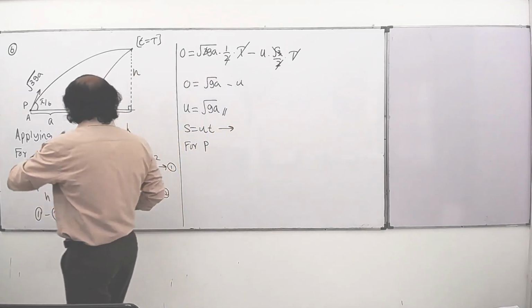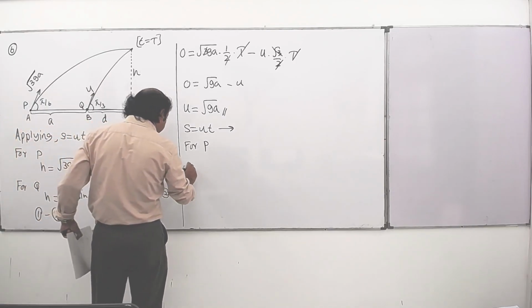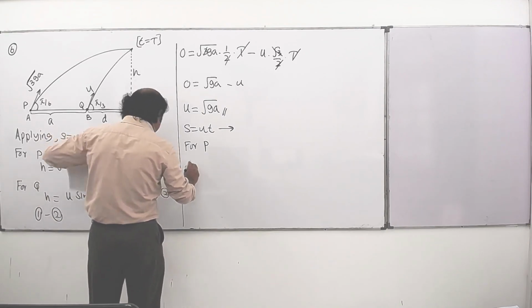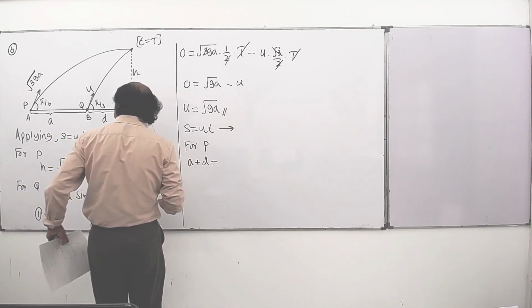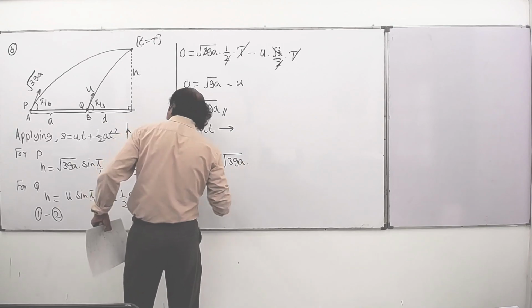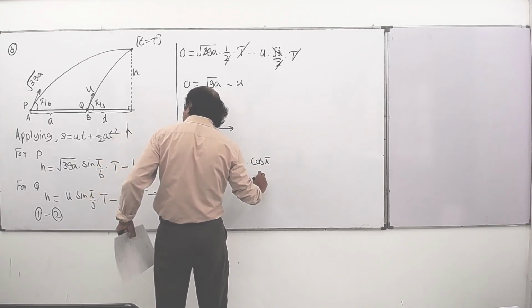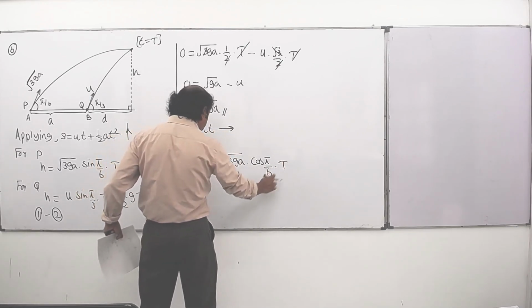Q moves only d, right? For P, we apply rightward a plus d. Its horizontal velocity component is root 3 g a cos pi by 6, times T. u is this, T is this.